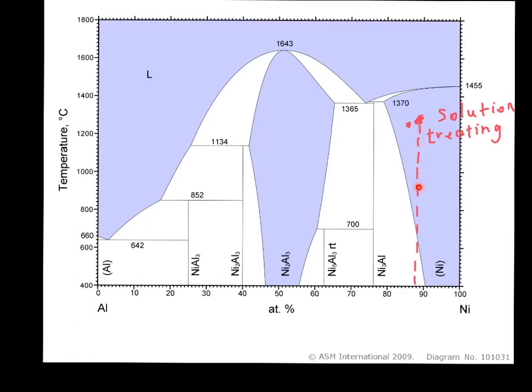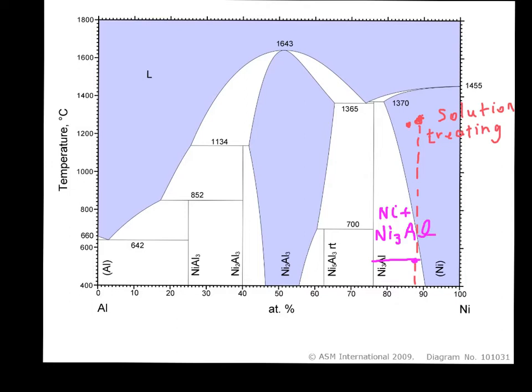And then if you quench this alloy, you get down here, and now you're really in a two-phase region, but your system has not had enough time to equilibrate, and so the aluminum is quenched in, and then you can heat this up to an appropriate temperature, and by controlling both the time and the temperature where this is done, you can precipitate out this Ni3Al phase.